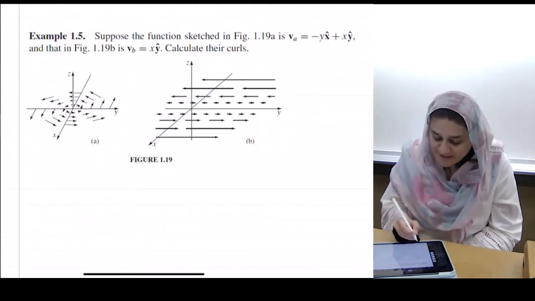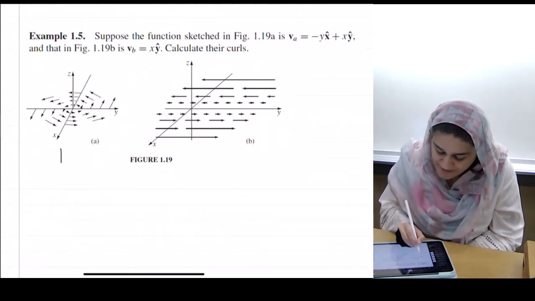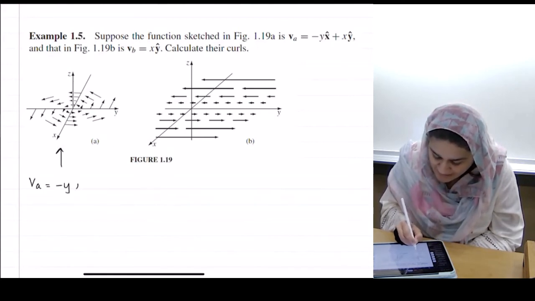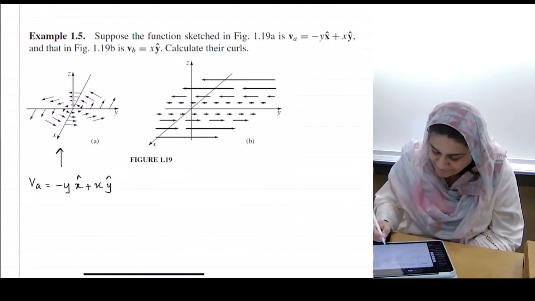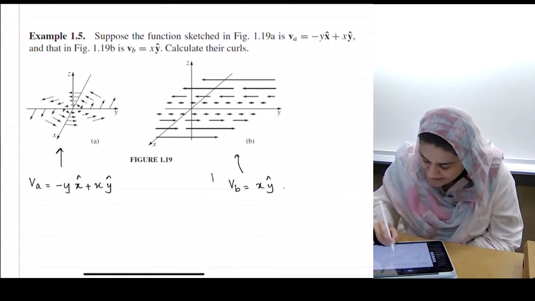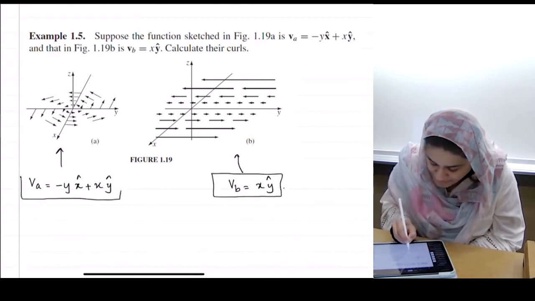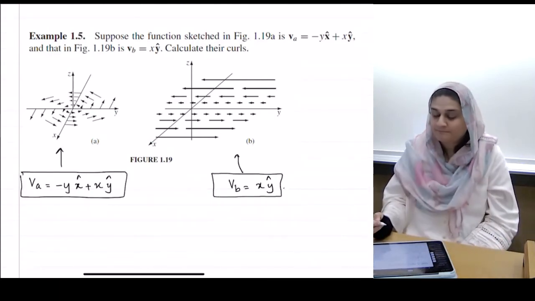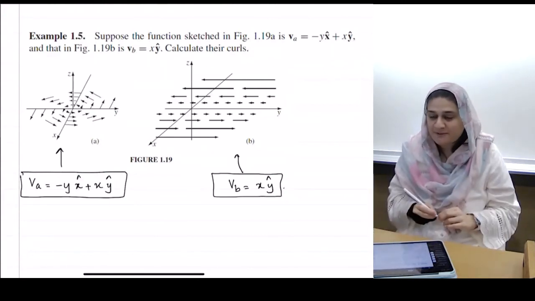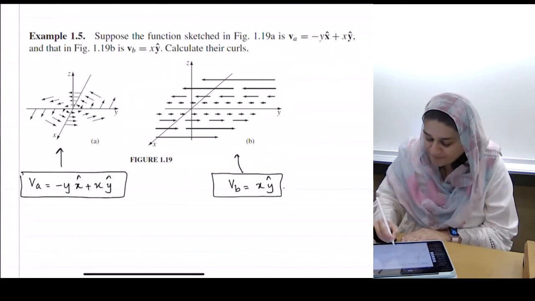So the question says, this field is given by minus y x hat plus x y hat, and this is given by x y hat, and they're asking us to find the curls. How would you do that? What's a curl? Cross product. Very good. So pick one. Casey, which one do you want to do? 2? Okay.